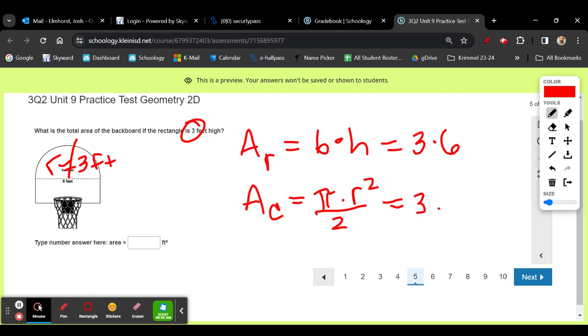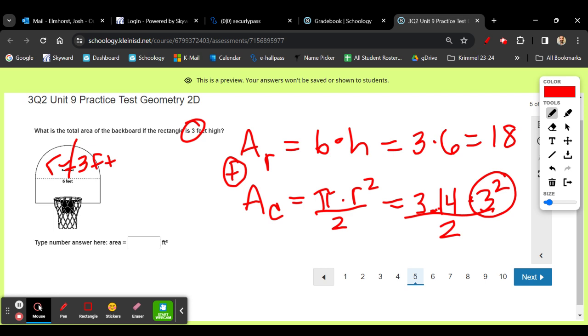So we got 3.14 times 3, which is r, 3 squared. And we got to make sure we don't forget to divide that by 2. That's going to be 18 for area 1. And 3 squared is going to be 9. 9 divided by 2 is going to be 4.5.